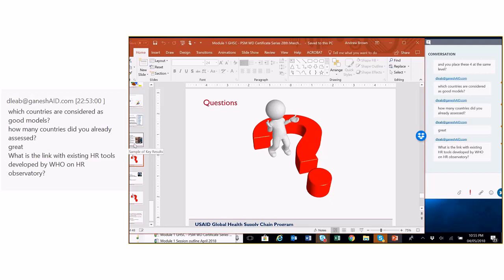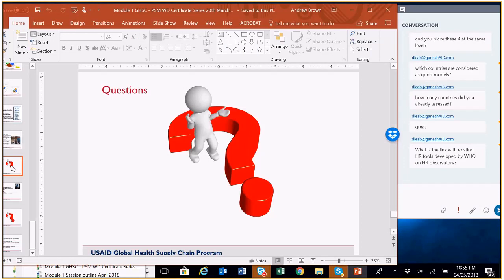So what I've tried to do, again, is just to give you that overview of the HR for Supply Chain Management assessment tool. I wanted to let you know that in the 10-pager, there is a section which has other assessment tools. There's a gentleman online today, Sebastian. He has worked with UNICEF for developing a tool for assessing human resources in immunization systems that can be used in different environments.